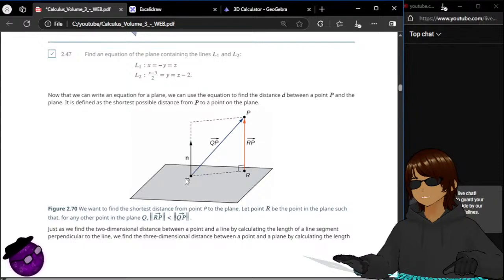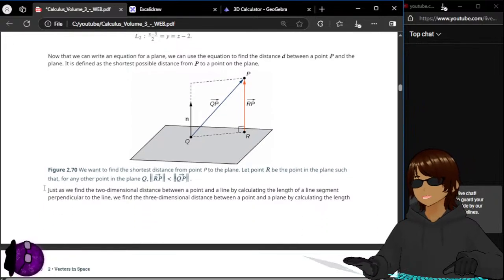So we want to find the shortest distance from point P to the plane. Let point R be the point in the plane such that for any point in the plane Q, RP is less than QP. Oh, Q is a point of our choice. So all the other points would be greater than RP. They're basically saying RP is the shortest distance.